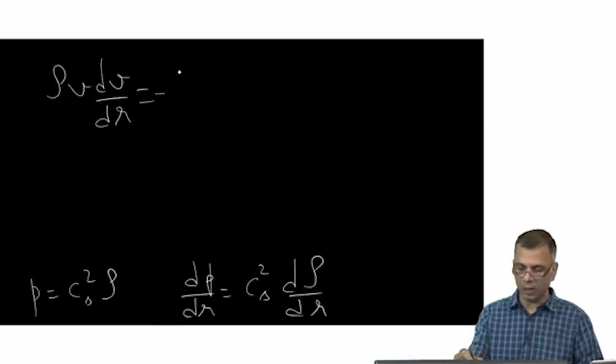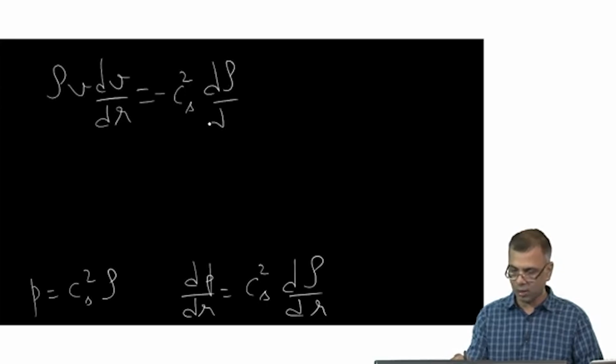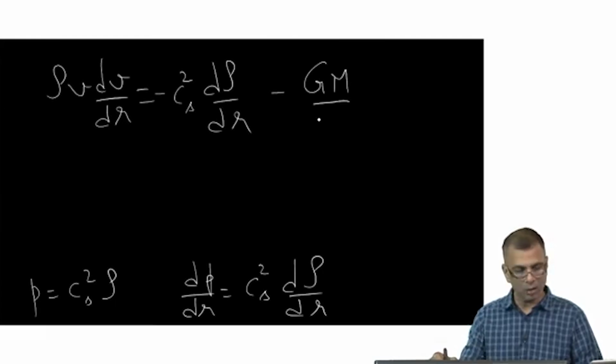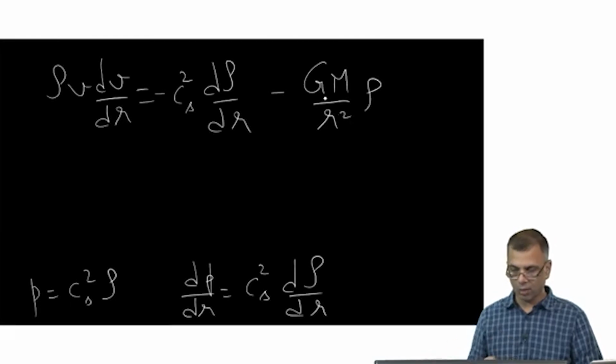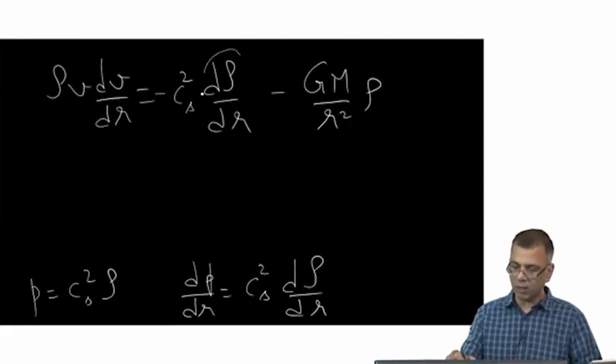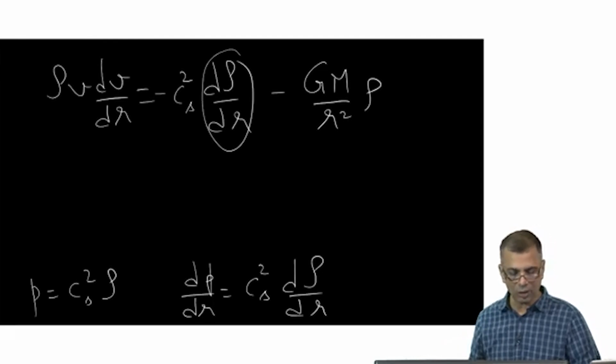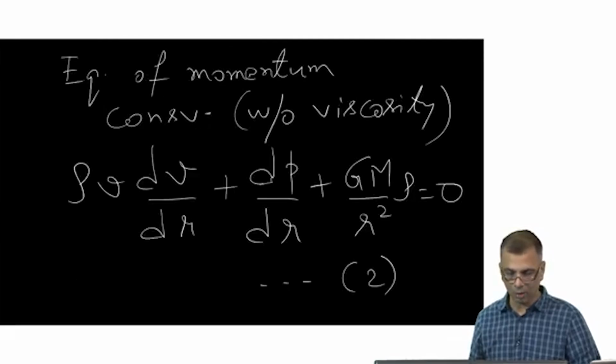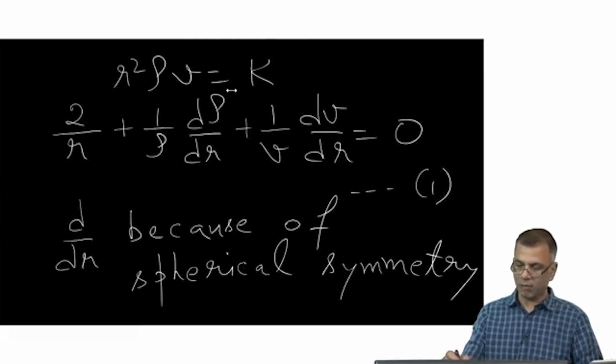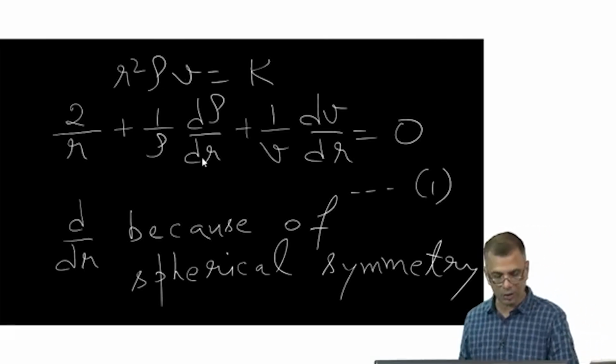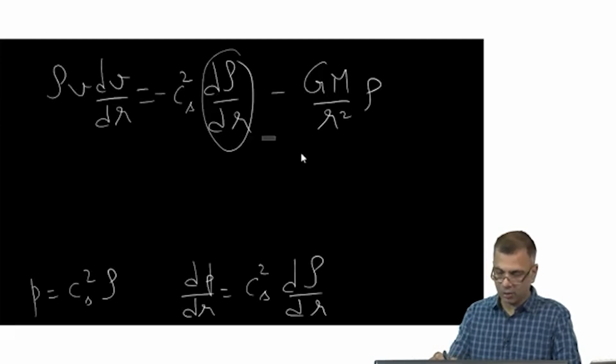So, I had a dp dr here, and instead of that I can write Cs squared d rho dr, minus, and now I have this d rho dr and I substitute for it from, not here, sorry, from here. You see, I have an expression for d rho dr here. I substitute for d rho dr from the mass conservation equation into this equation here.